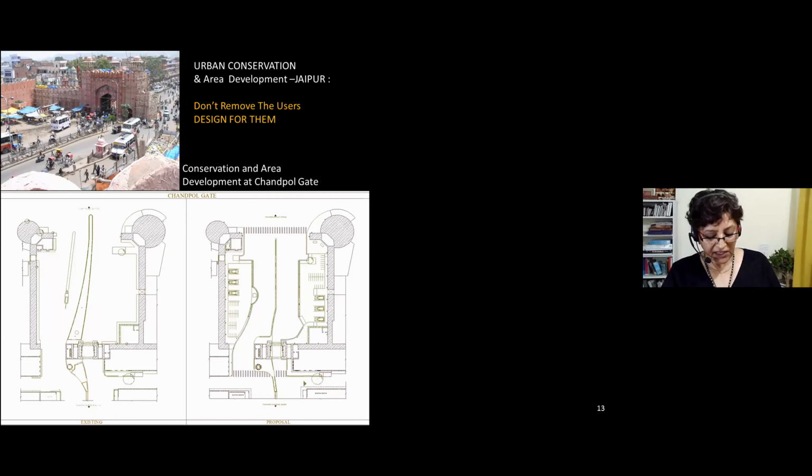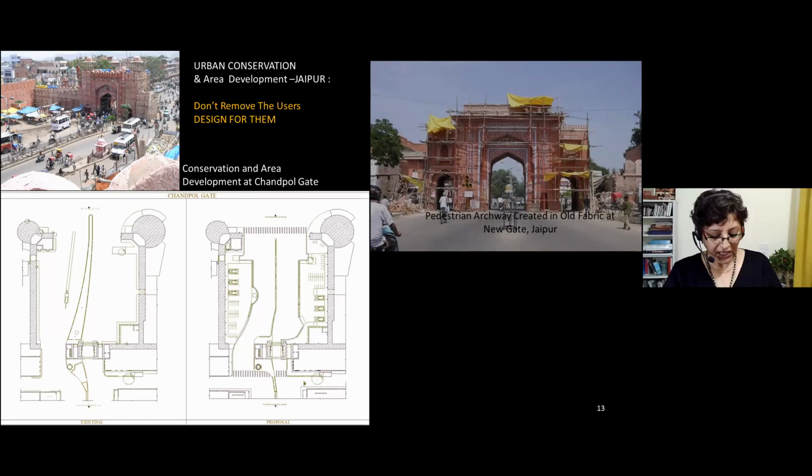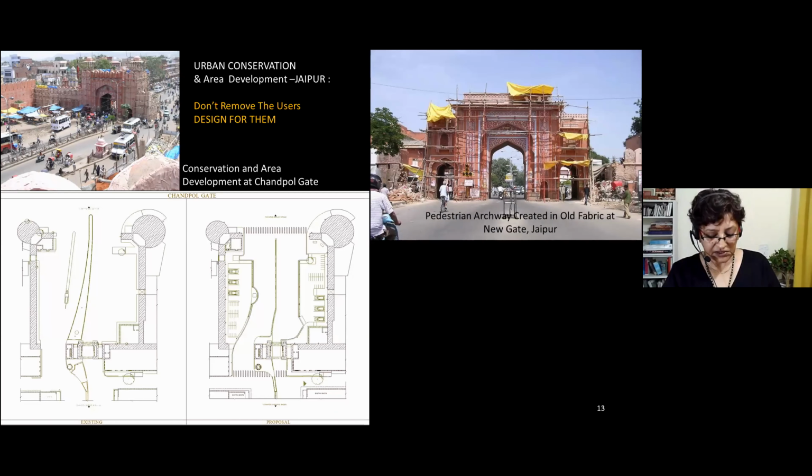For example, the vegetable market at Chandpol Gate was reorganized and provision for short time parking for the shoppers was incorporated. At Newgate, intervention was done in the wall to create pedestrian gates to ensure safety of citizens, and unorganized pay parking was resolved and redesigned.